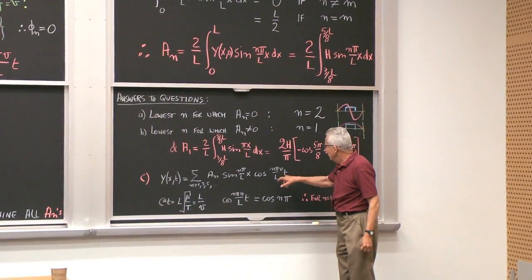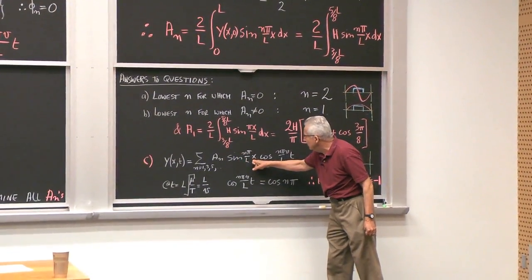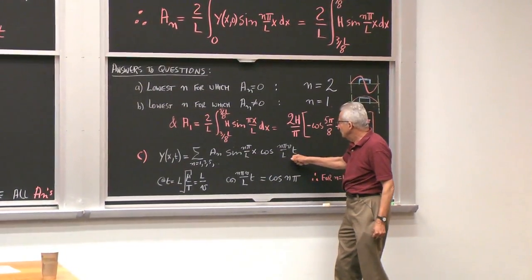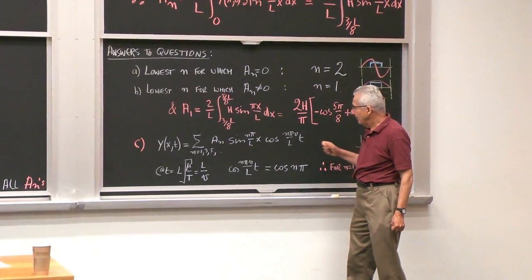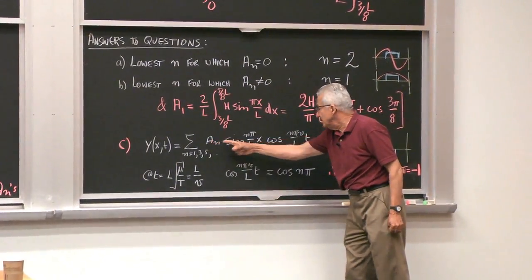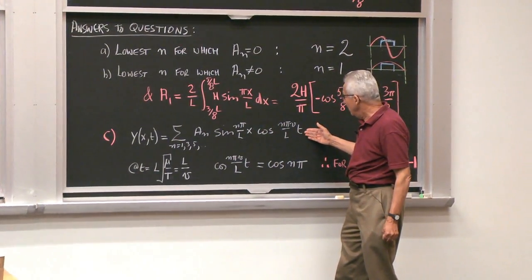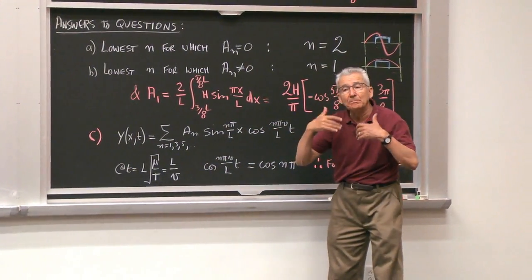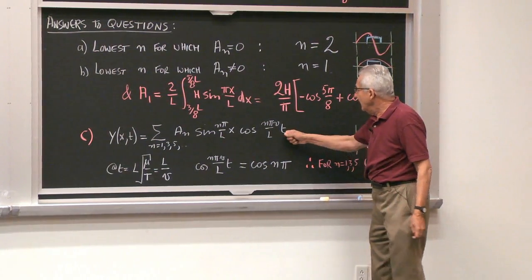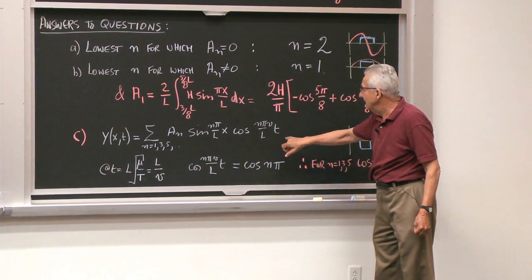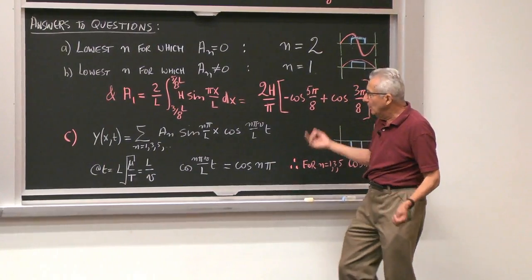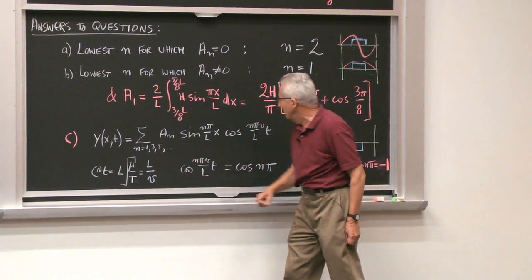It tells us, because I now know not only the spatial shape, but also the function of time. So this describes what was at time t. What will it be if I increase the time? Let's start from 0, and I go to a time L over v.